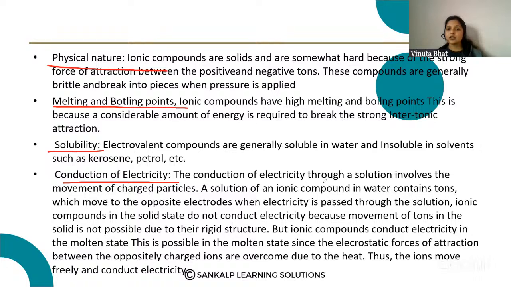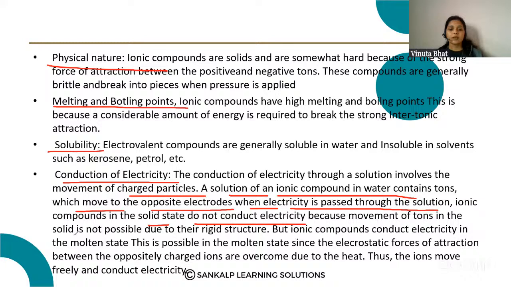The conduction of electricity through a solution involves the movement of charged particles. A solution of an ionic compound in water contains ions which move to opposite electrodes when electricity is passed through the solution. Ionic compounds in solid state do not conduct electricity because there is no movement of ions.